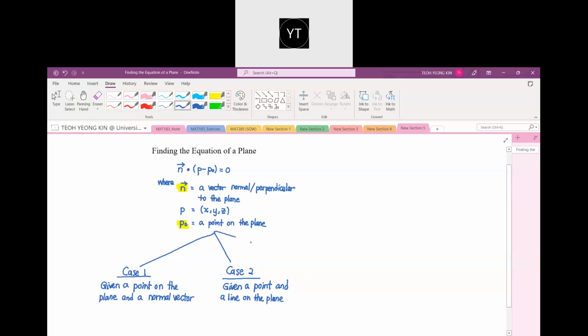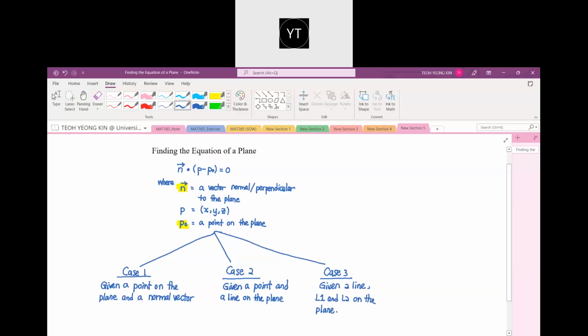That's why we use the cross product. Then case number 3 is given two lines, L1 and L2, on the plane.